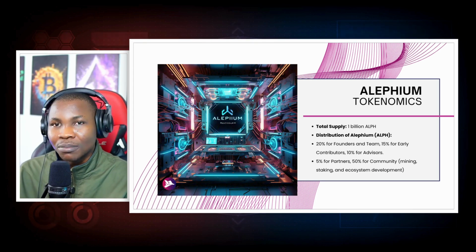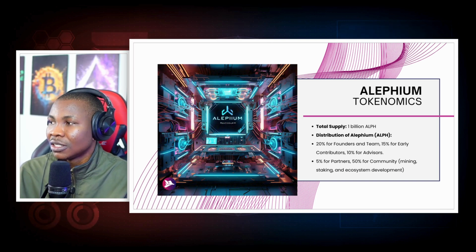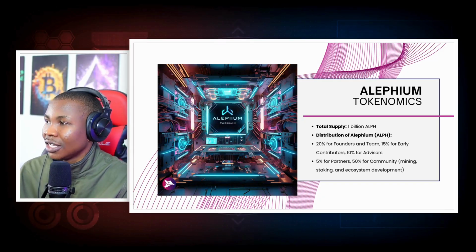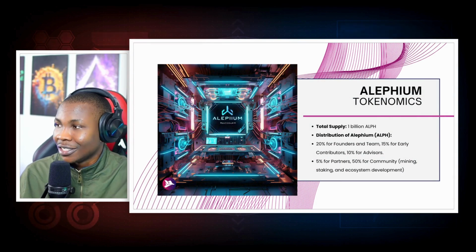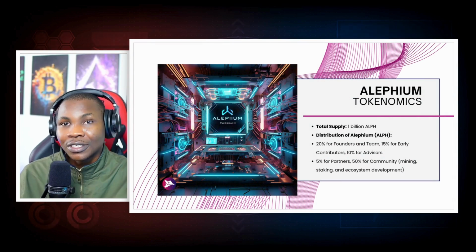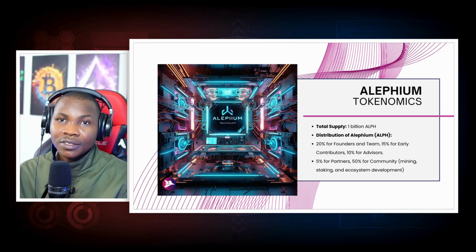Okay, this makes up about 50% of the Alephium token. Meanwhile, the remaining 50% is for the community, and the community involves those that are mining, which will be the validators, including staking, those that are staking, or ecosystem development. That is how the Alephium tokenomics works.